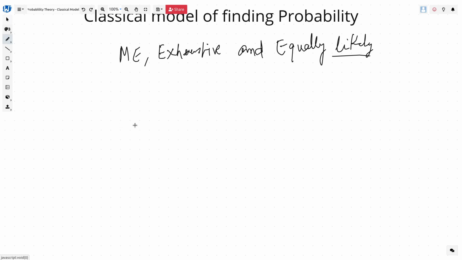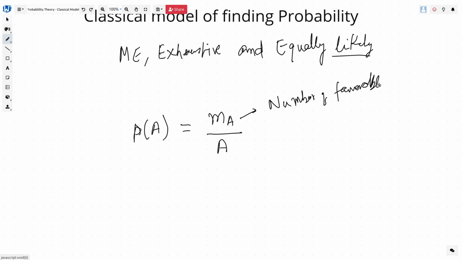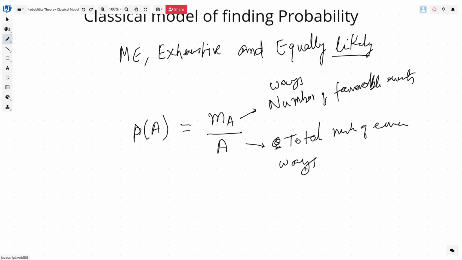So we define the probability of an event A, that is P(A), as nothing but m(A) by n, where m(A) is the number of favorable events and n is the total number of events, or you can say number of favorable ways and total number of ways, by counting, right?